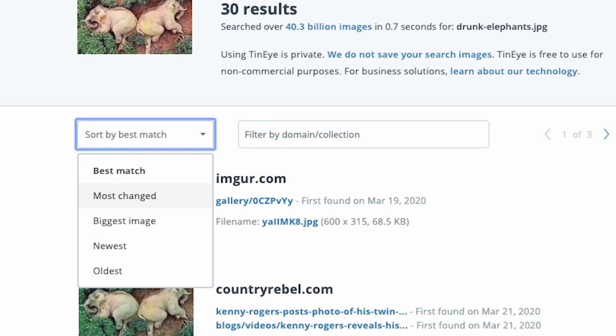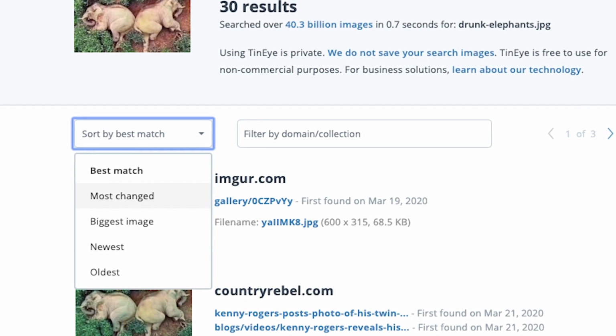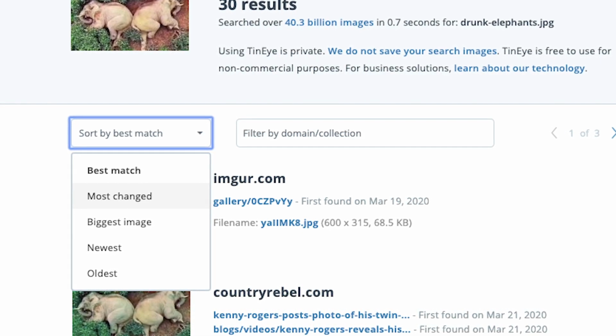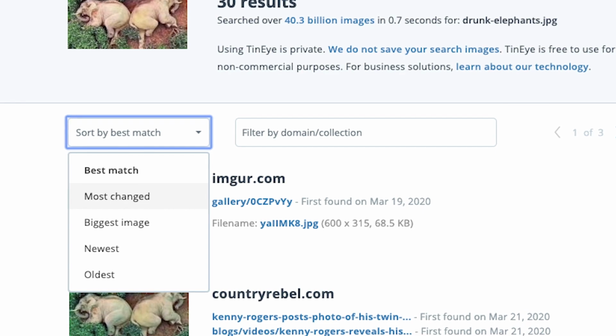And then sometimes I'll go over to Google image search also and see other contexts that image has been posted in, and hopefully either of those two image searches will give me an idea of where the image came from, of its origins. And TinEye is also very good about showing how the image has changed. They have a most changed option which shows you variations on the image, what kind of edits it's been through, that kind of thing.